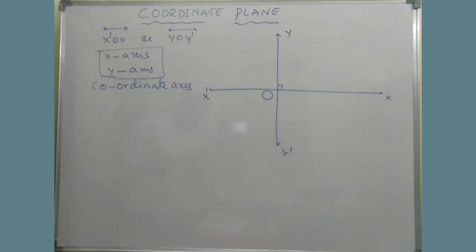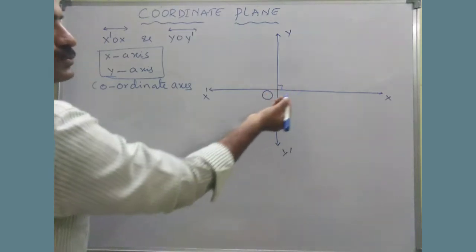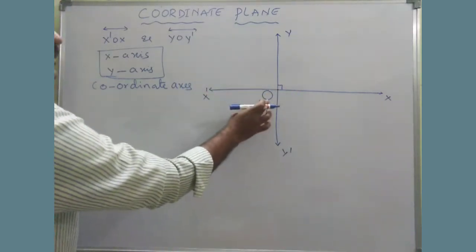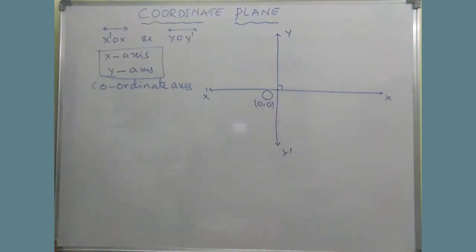Next, we discussed that the point of intersection of these two coordinate axes is the origin, and the coordinates of the origin are (0, 0). The x coordinate is 0, and the y coordinate is also 0.